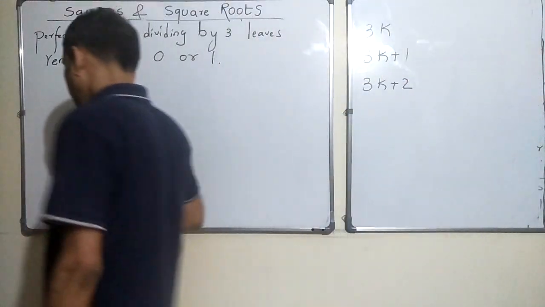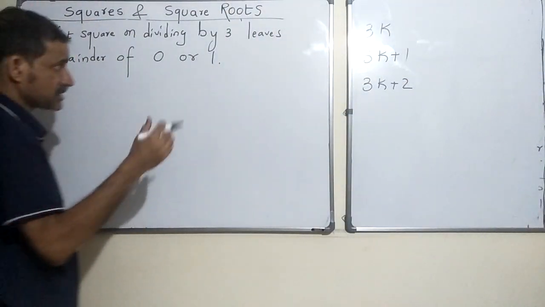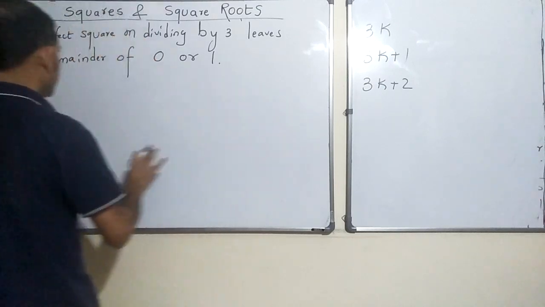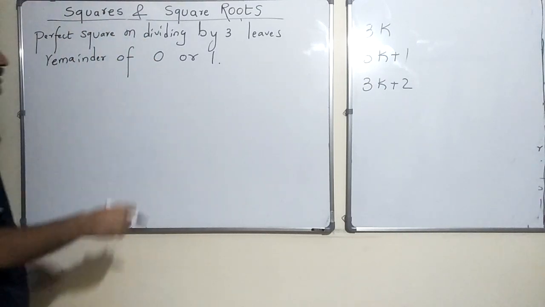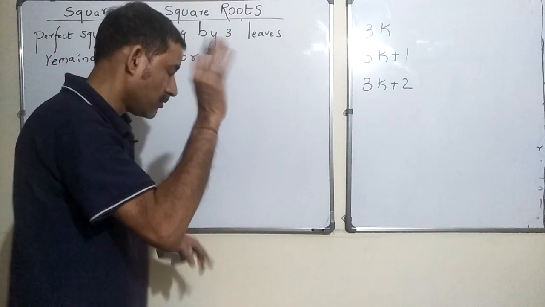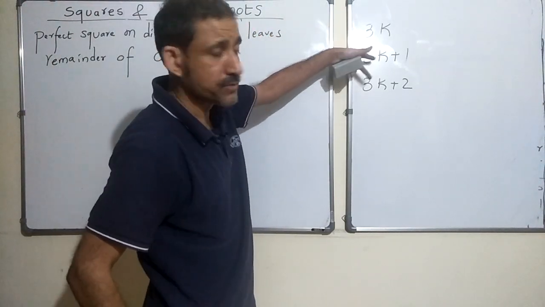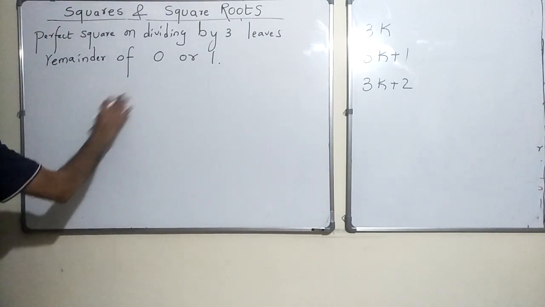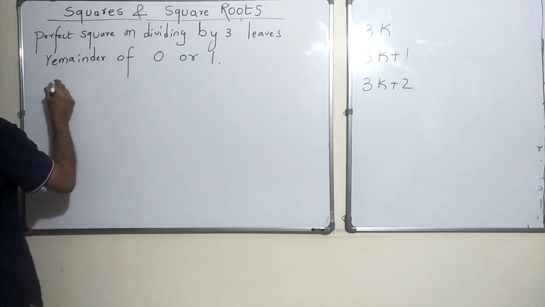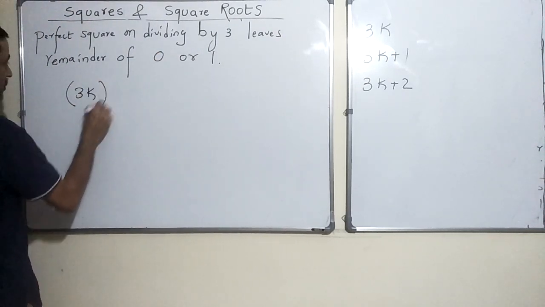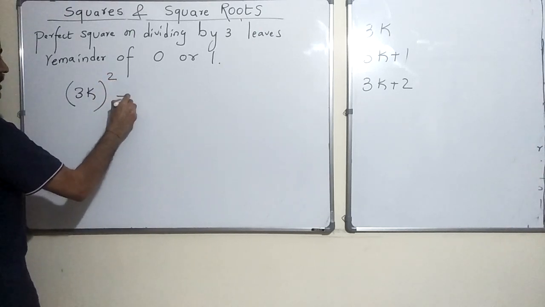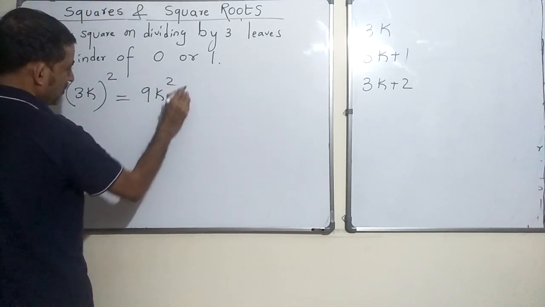So let's say a perfect square is of the form completely divisible by 3. So any number can be of this form, 3k, 3k plus 1 or 3k plus 2. Now let's find out the square of this. So 3k the whole square is nothing but 9k square, right?